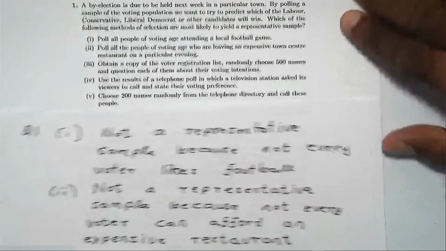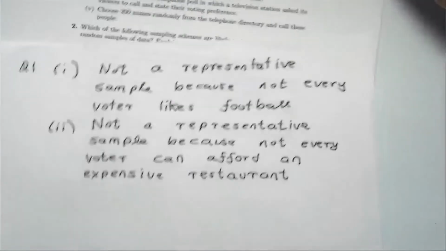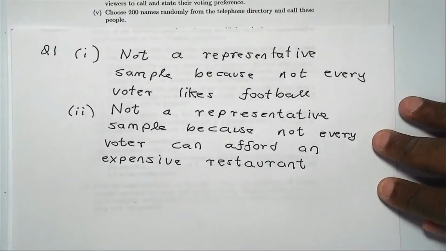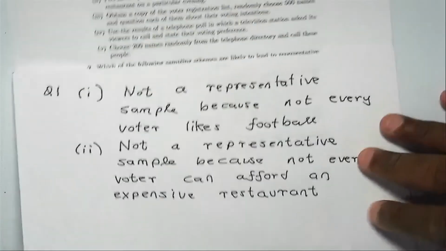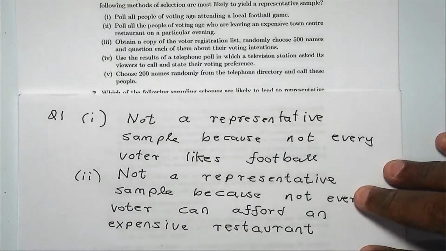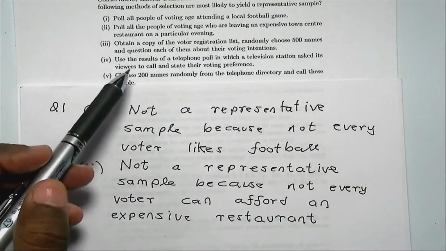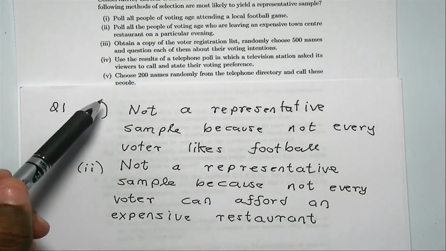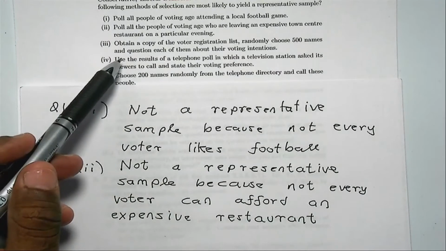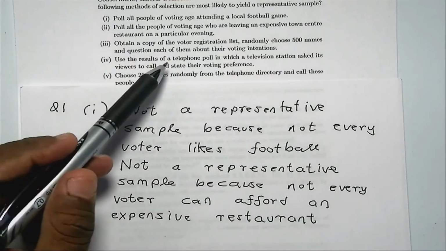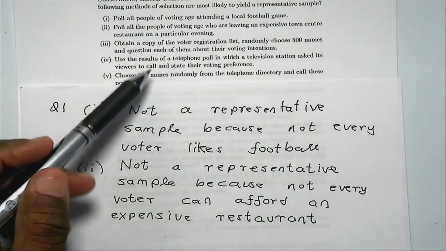Now part 3. Part 3 is obtain a copy of the voter registration, randomly choose 500 names, and question each of them about their voting intentions.